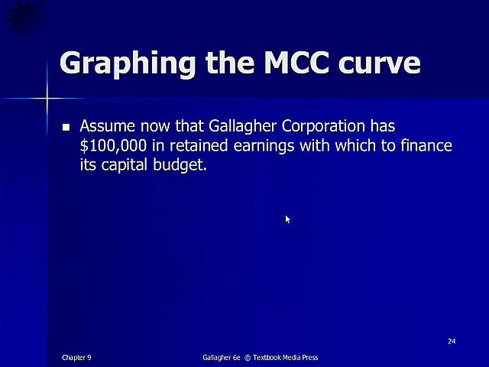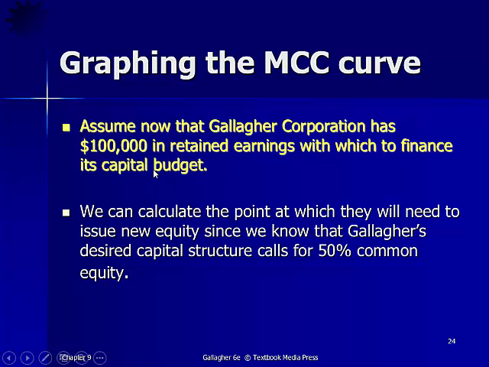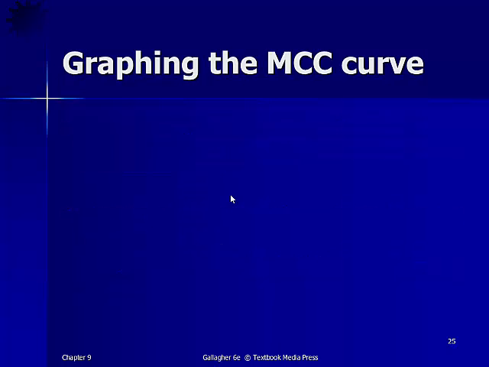So let's assume that Gallagher Corporation has $100,000 of new retained earnings with which to finance its capital budget. This is the amount of net income that it decided not to pay out as a dividend. So when do we run out of this $100,000 of internal common equity?